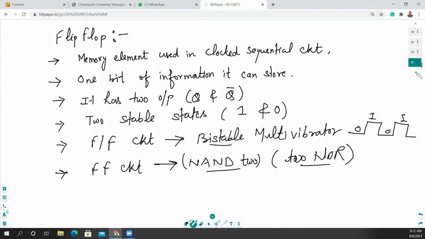This direct coupled RS flip flop, or SR flip flop, is made of cross-coupled NAND gates or NOR gates. We can also call it a latch because it stores the information.